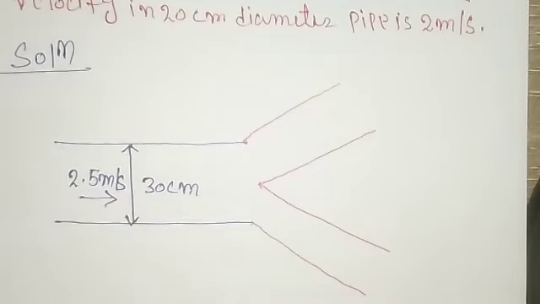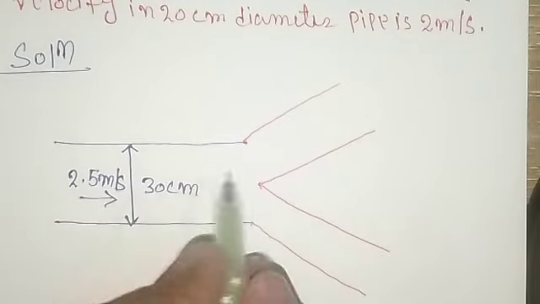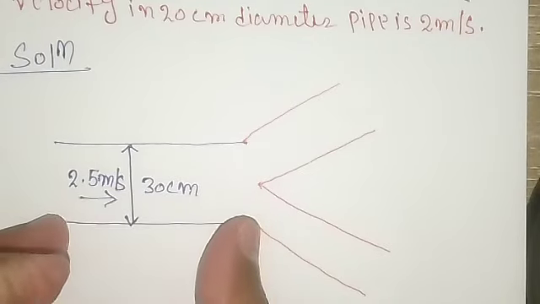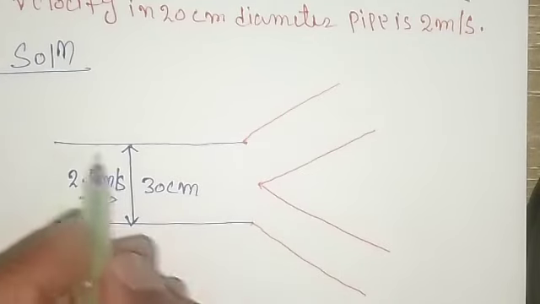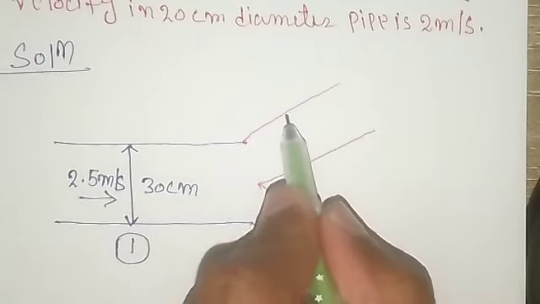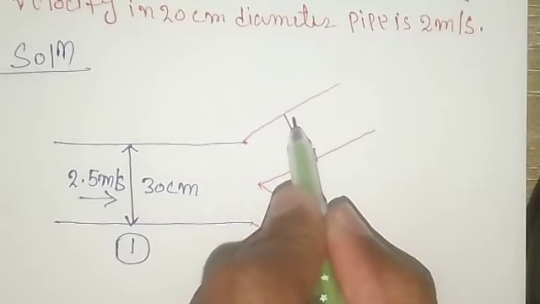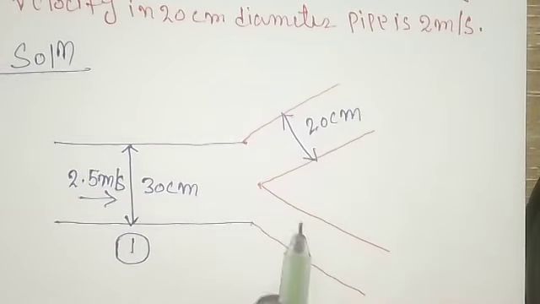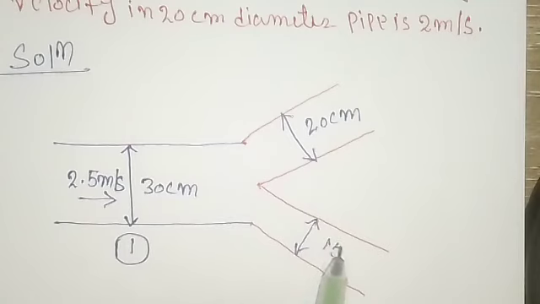It bifurcates from this point. Let's say the pipe whose diameter is 30 centimeter I am considering as pipe 1, and the diameters of the other pipes are given, which are 20 centimeter and 15 centimeter.